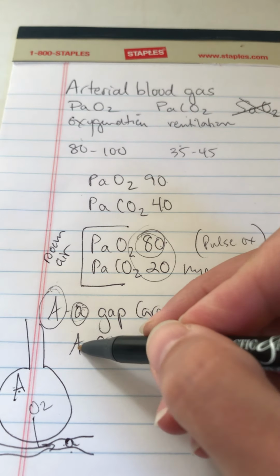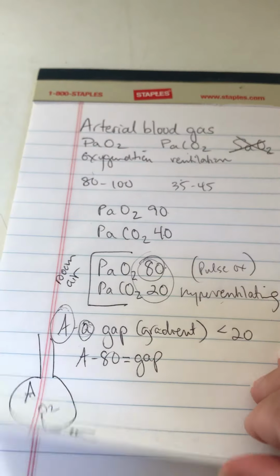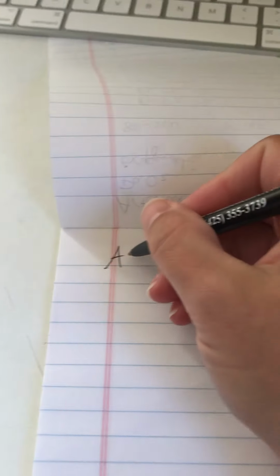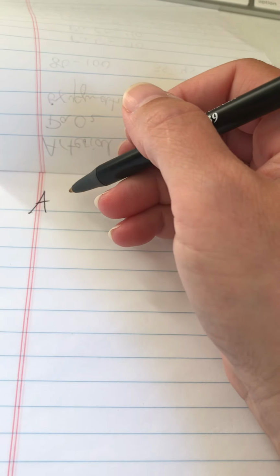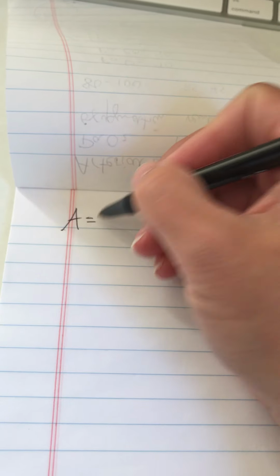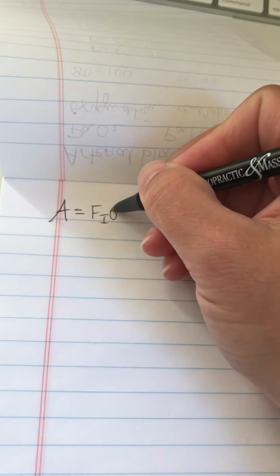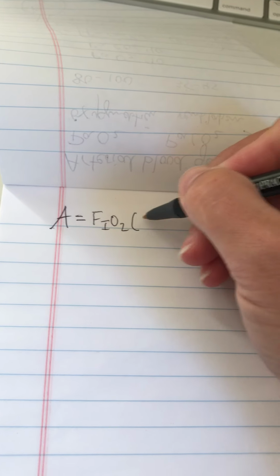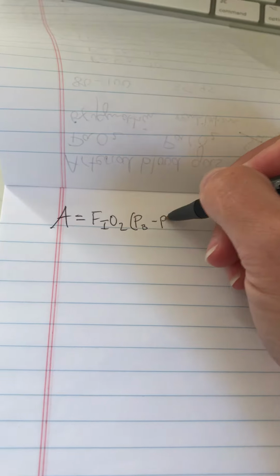But how do we figure out A? The easiest way is the alveolar gas equation. It is trying to figure out the gases in the alveolus, and it ignores nitrogen. So it's equal to the FiO2, the fraction of inspired oxygen, times the barometric pressure minus water vapor pressure.